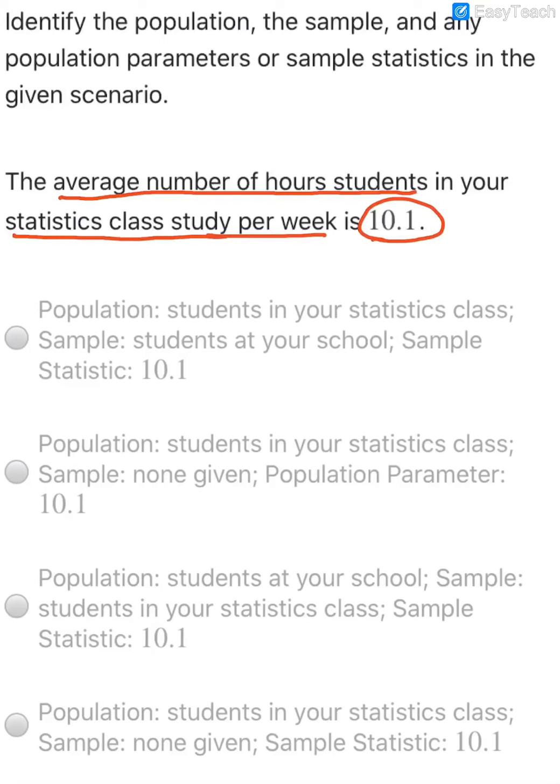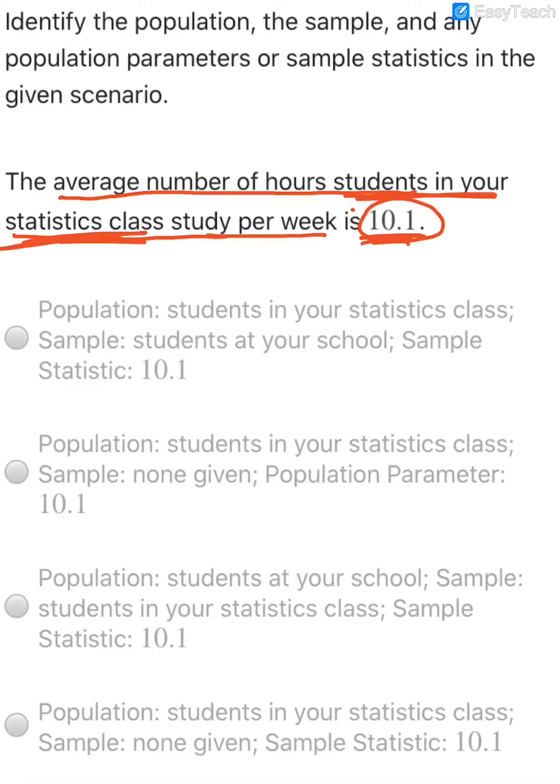They are specifically looking at students in your statistics class. So that would be your population. They didn't say anything about wanting to know how many hours per week students at your school studied. So it's just those in the class. They obviously did not sample. They looked at the whole class, so there's not a sample given. And then, of course, the parameter that they're talking about is 10.1.